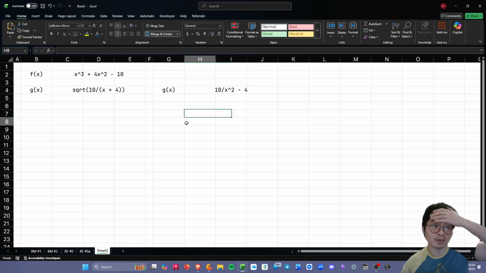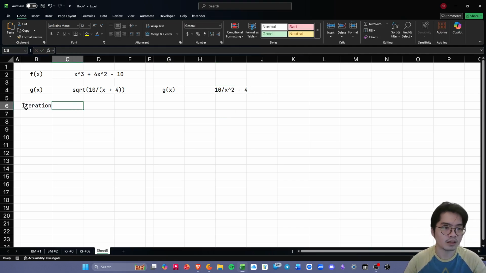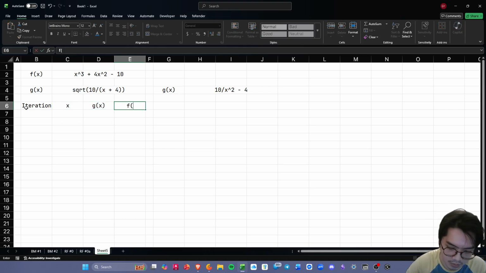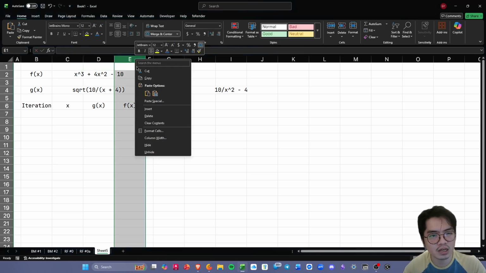Okay. What we will do in here is we will have our iteration, and then our x, and then our g of x, and then our f of x. And let's just put in here our f of x. And maybe let's also put in here our error.